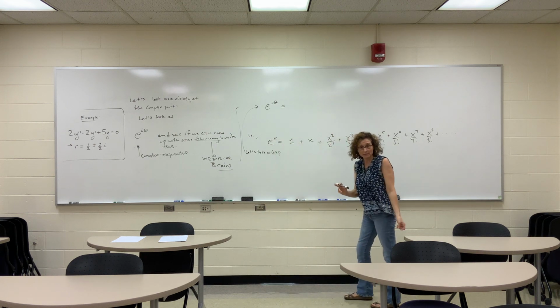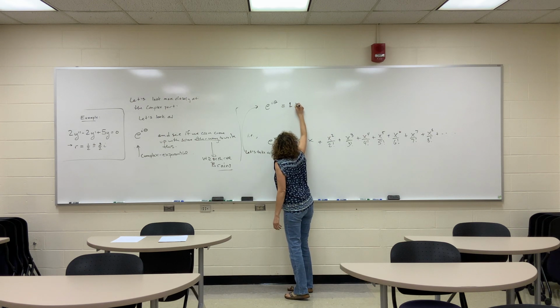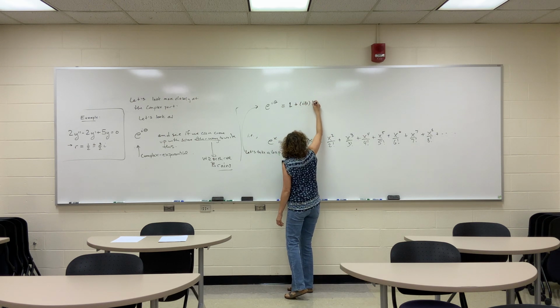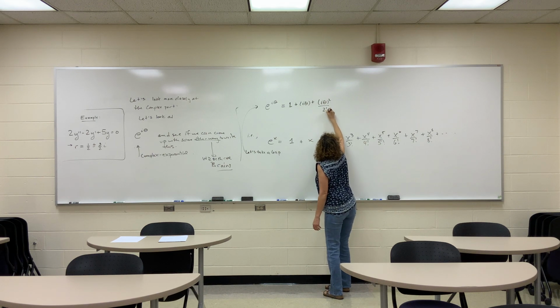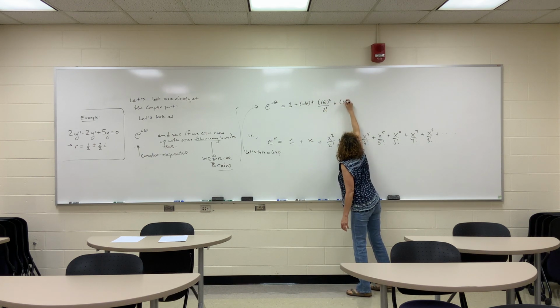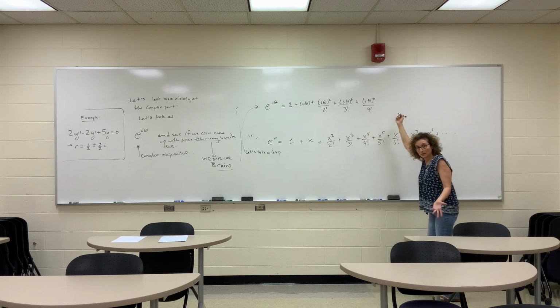Well, we put an i theta everywhere there was an x. So what do we got? We got 1 plus i theta plus i theta squared over 2 factorial, plus i theta cubed over 3 factorial plus i theta to the 4th over 4 factorial. You getting that?